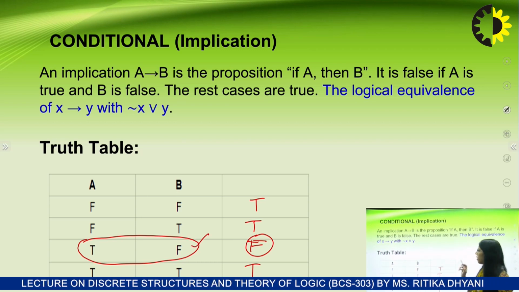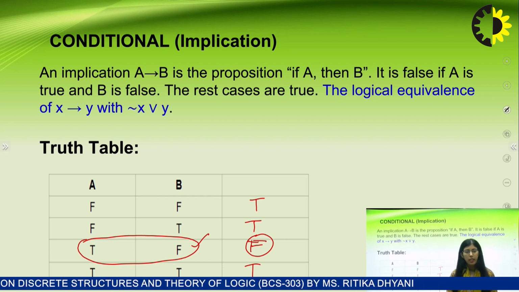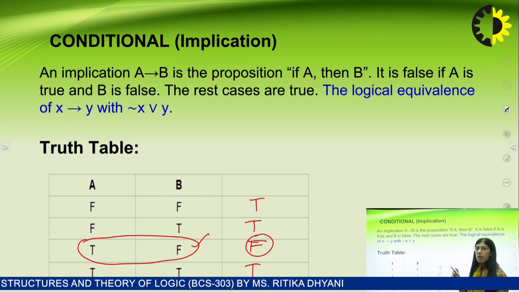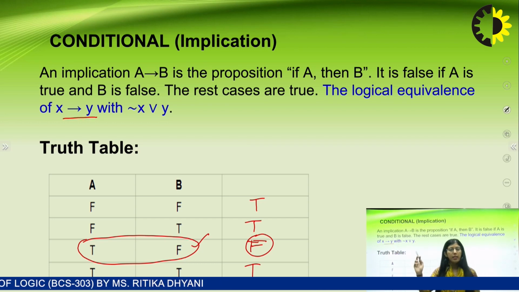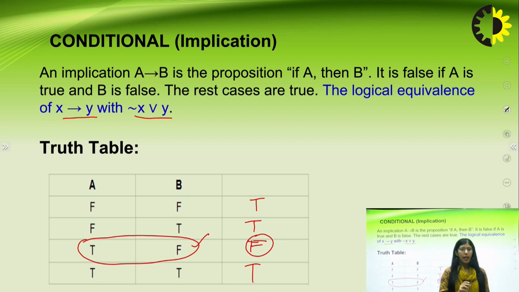Also, one major point that you need to remember is the logical equivalence of implication. X implies Y is negation of X or Y. You need to remember this because in the exam, whenever a question arises, you need to solve the implication.